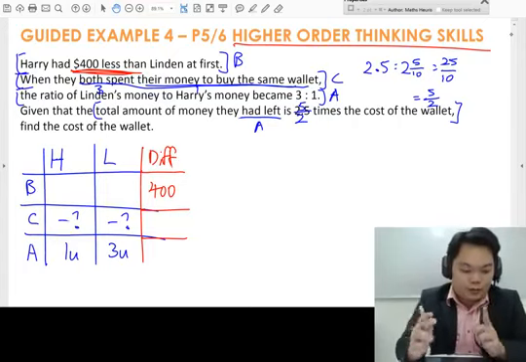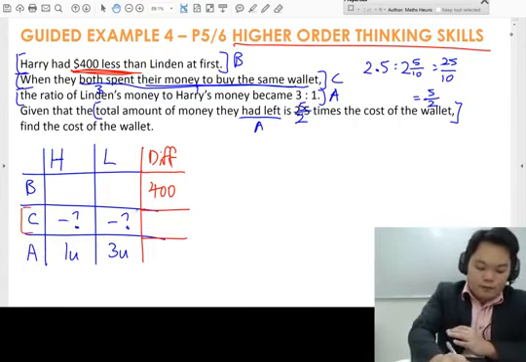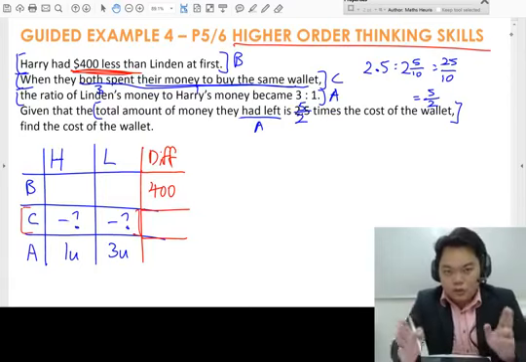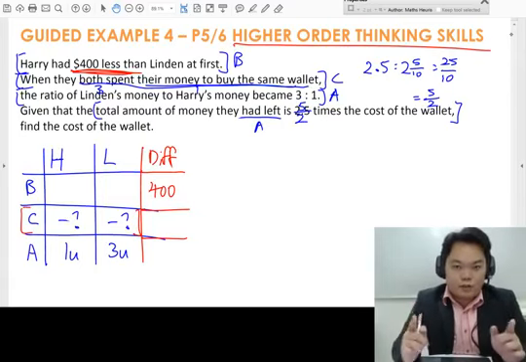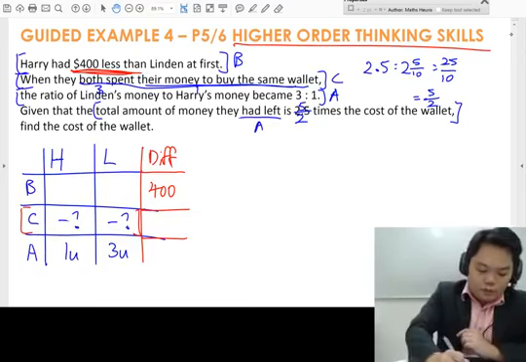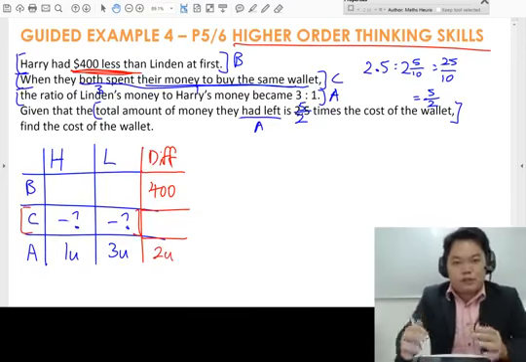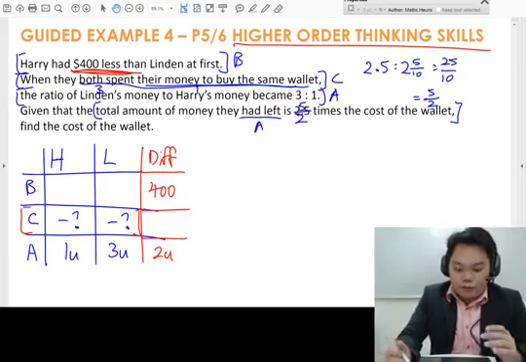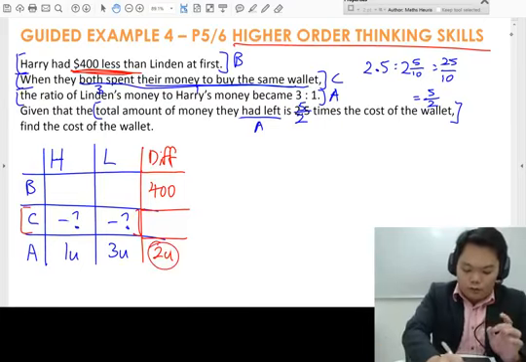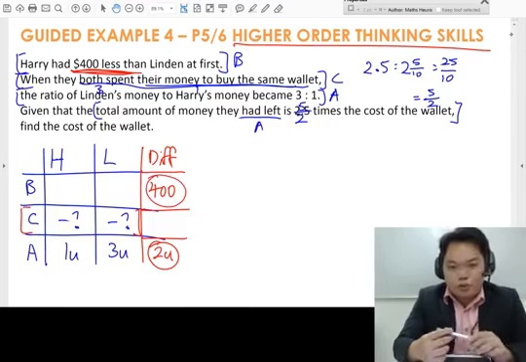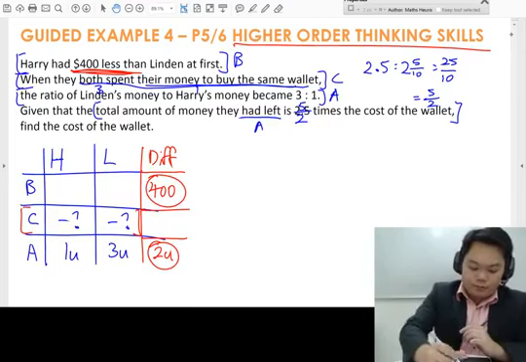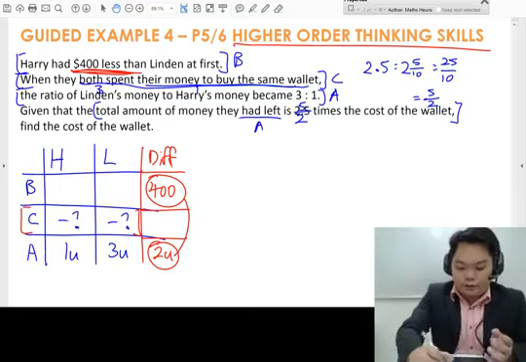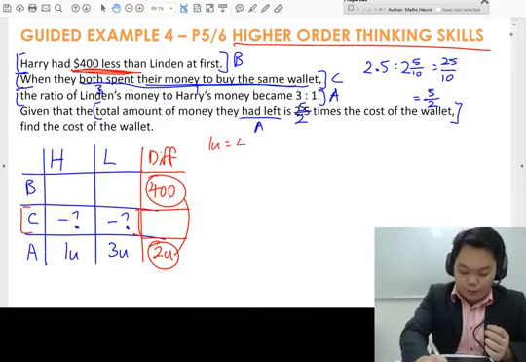Because you have the same number and the same sign in both of them, they are experiencing the same change, and therefore the difference remains unchanged between them. So we can compare these 2 units and 4 units. If 2 units is $400, then 1 unit will be 400 divided by 2 to give you 200.